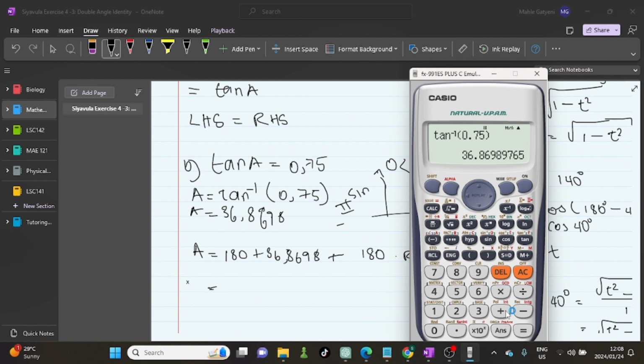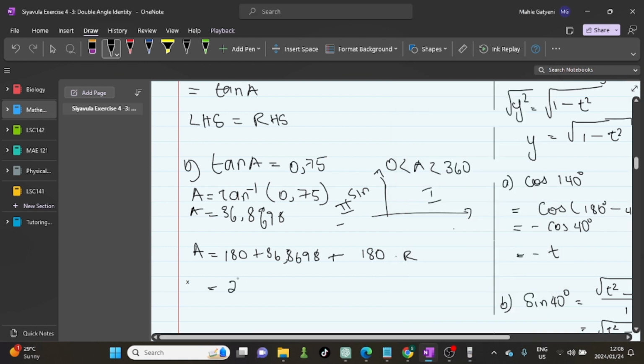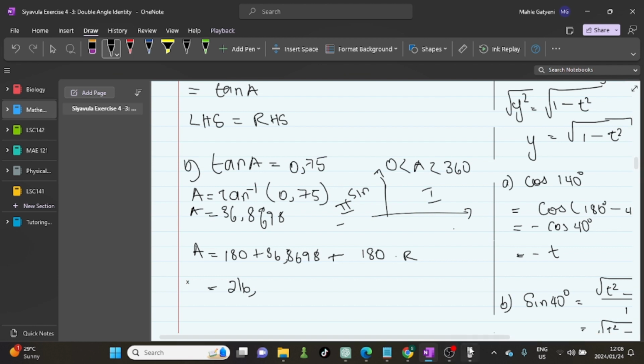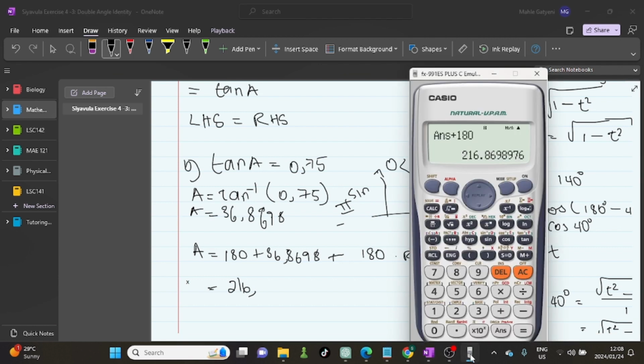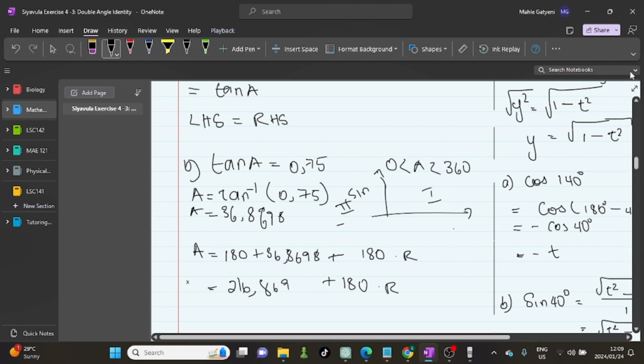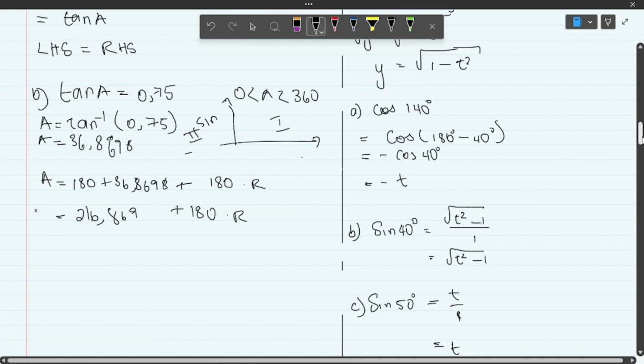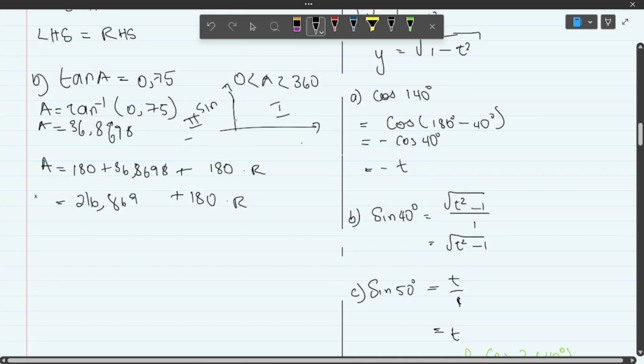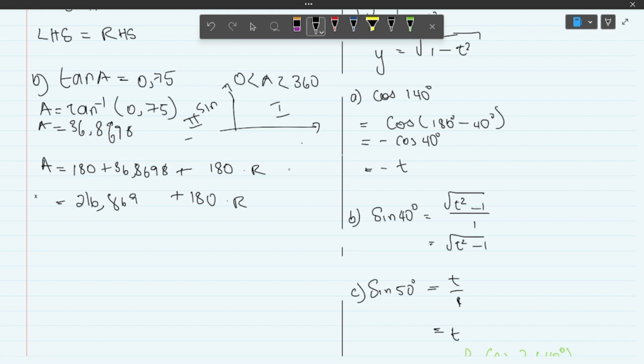So izaba ngu-36 plus that plus 180, so izaba ngu-216,8698 plus what? Plus 180 times r okanye ngangu-k, any letter yabo. So yintoni lena? Yile apha we are representing intoni apha? Yi-third quadrant le.